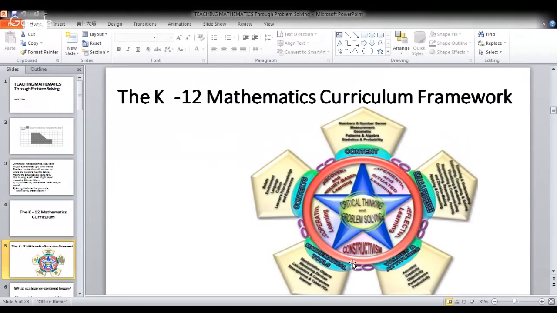Maybe they've learned that before, because the K to 12 curriculum is a spiral, integrated in learning the different strands of math. Okay, so all of this: discovery approach, cooperative learning, constructivism, reflective learning, experiential learning, could help on developing the critical thinking and problem solving of the learners.